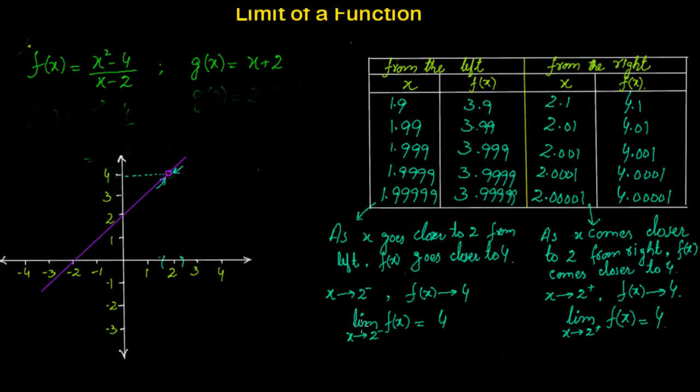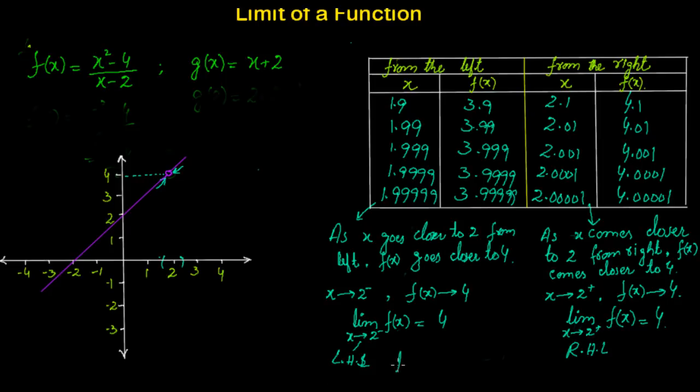This is read as limit x approaches 2 negative, f(x) equals 4, and this is read as limit x approaches 2 positive, f(x) equals 4. This is said to be the left hand limit, and this is said to be the right hand limit, left hand limit of f(x) at 2 and right hand limit of f(x) at 2.